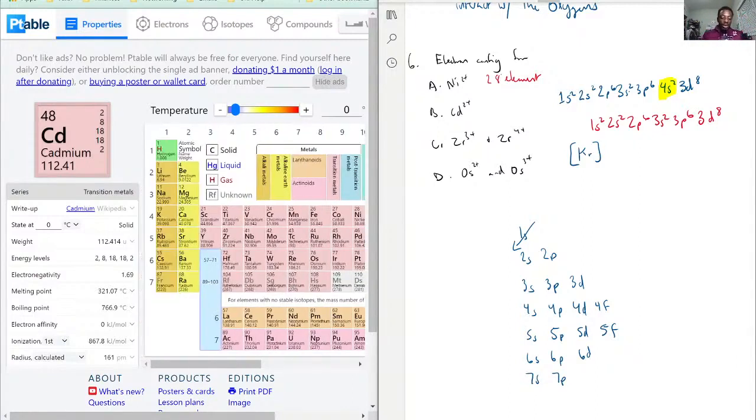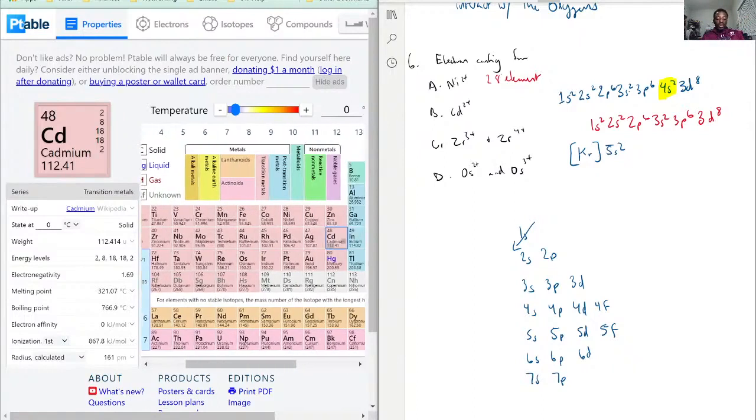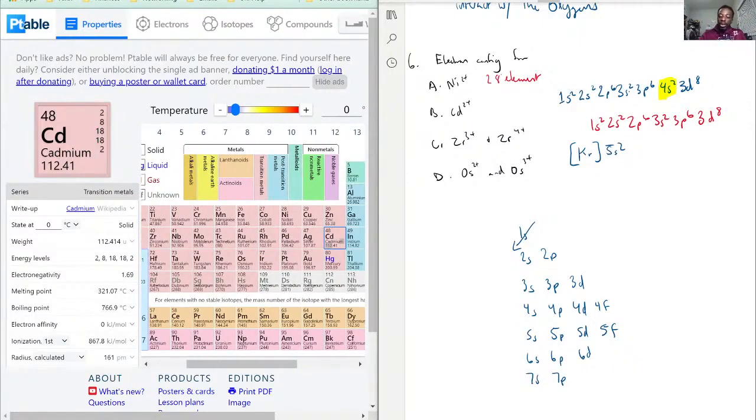For cadmium, it's on the 5th row, so we have 5s2. But to cross through the d orbital to get to cadmium, it would be 4d10, not 3d10, because you only subtract 1 from the row you're in.